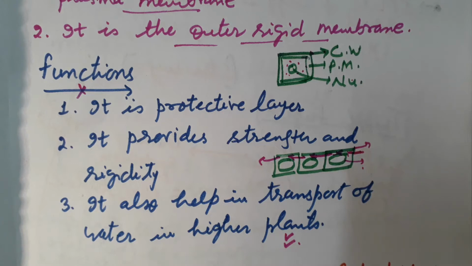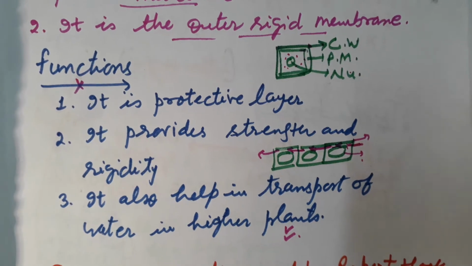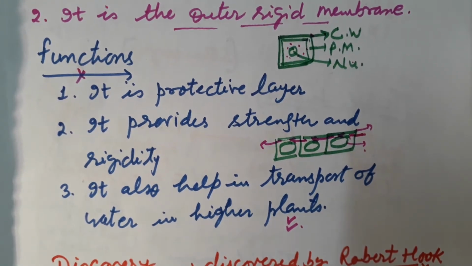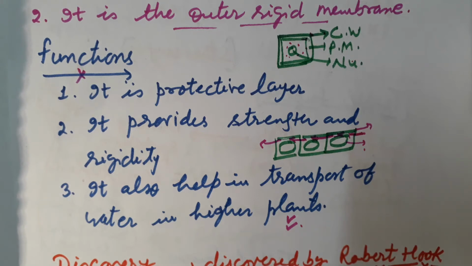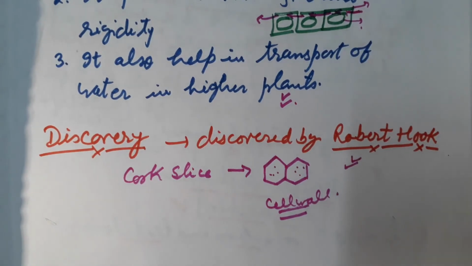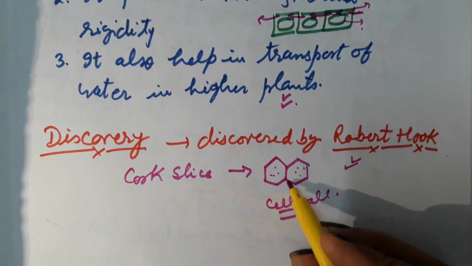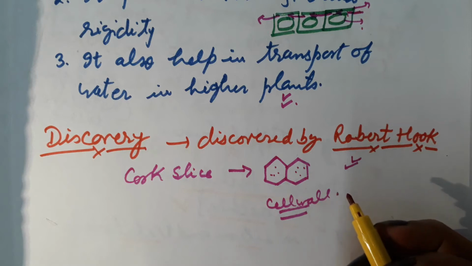Now we discuss how the discovery of the cell took place. We already discussed in our previous video: Robert Hooke saw the cork slice in a microscope and he saw the empty honeycomb-like compartments. These compartments were hexagonal and he named them cells.